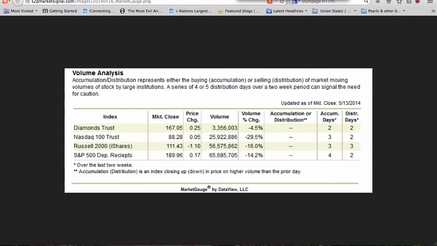Accumulation days are counted when the index closes up on higher volume than the prior market day, while distribution days occur when the index closes down on volume higher than the prior market day. Last week also, the Russell 2000 ended in neither accumulation nor distribution mode.